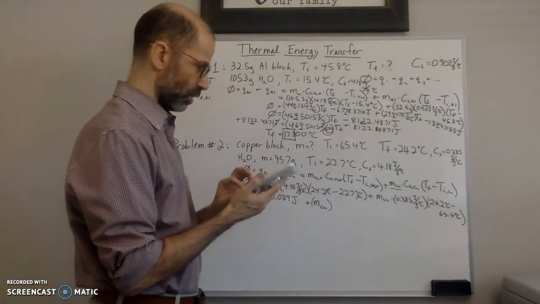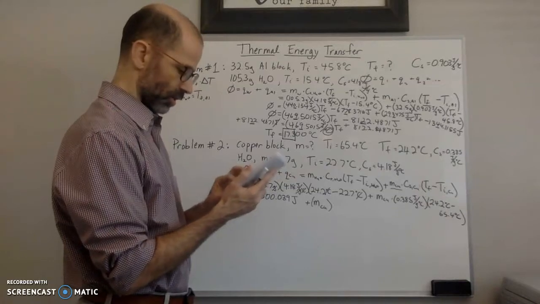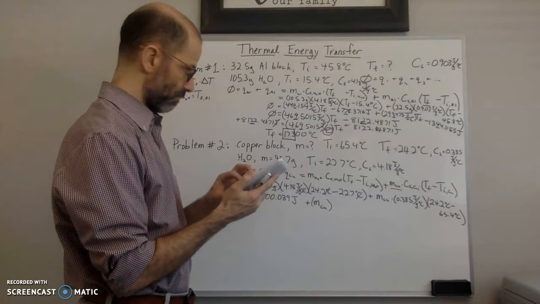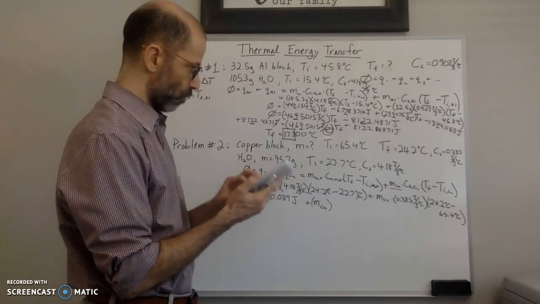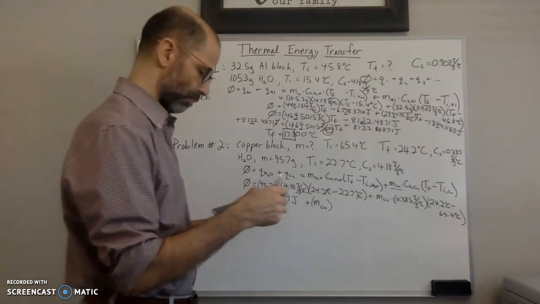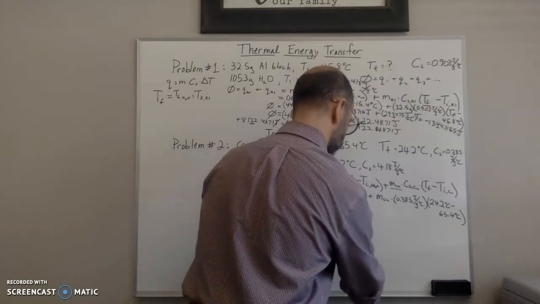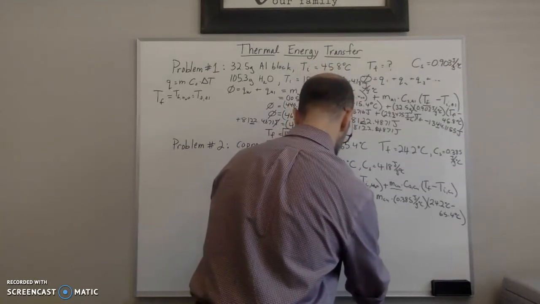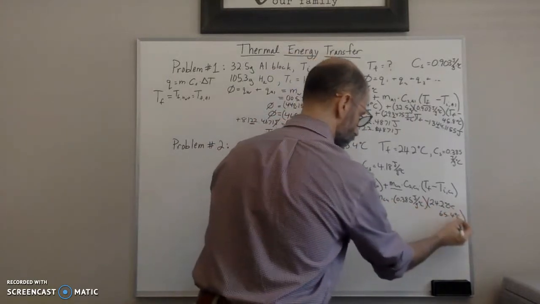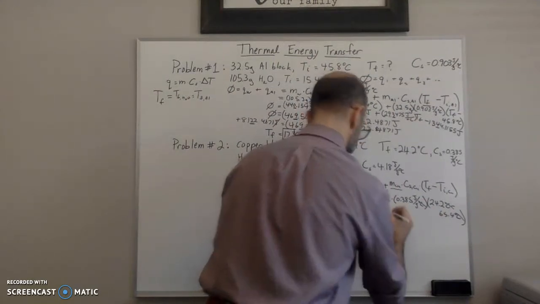So that's going to be 0.385 times, again, that's going to be 24.2 minus 65.4 equals, and that's going to be a whopping negative 15.862. And again, Celsius cancels out with Celsius, so this is going to be joules per gram.